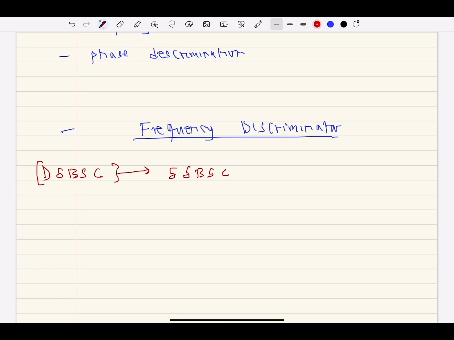So if we want to produce a single sideband suppressed carrier as an output, we select our frequency range to fall within the range of the bandpass filter that we want to use. In that case, we will be able to allow the SSBSC output to go.